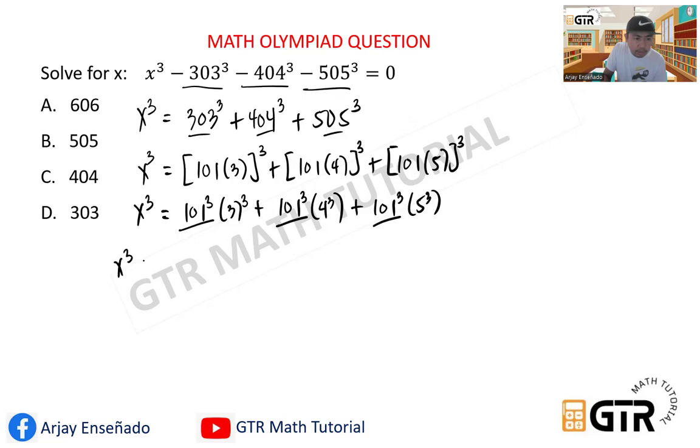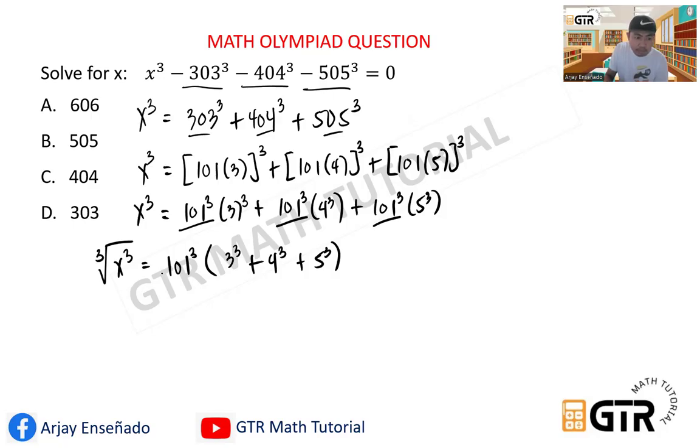So we have x cubed is equal to 101 cubed times (3 cubed plus 4 cubed plus 5 cubed).